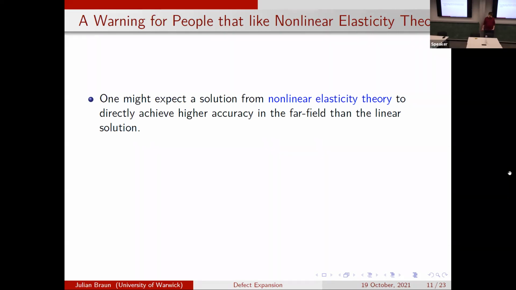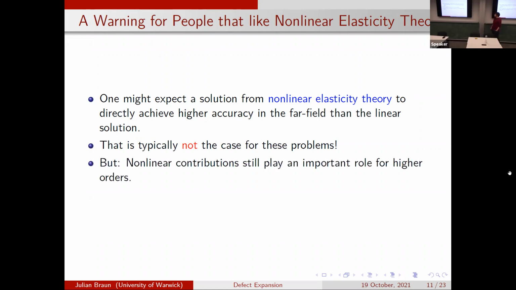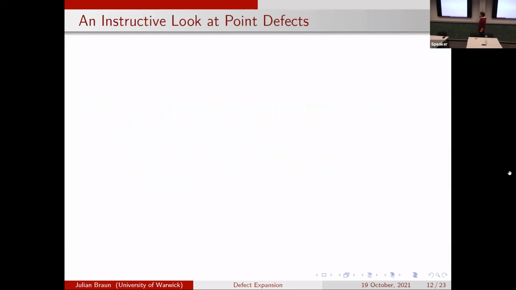You do not get any improvement, which is a bit surprising maybe at first, because normally that always helps. So this doesn't help directly, if you just do that. Nonlinear terms still play an important role if you want high accuracy, but there's more going on. So you have to be careful there, which we weren't initially, to be honest. But by now we've figured it all out, luckily.